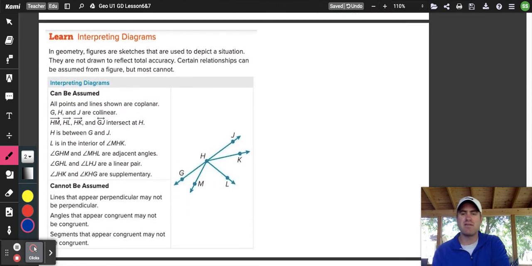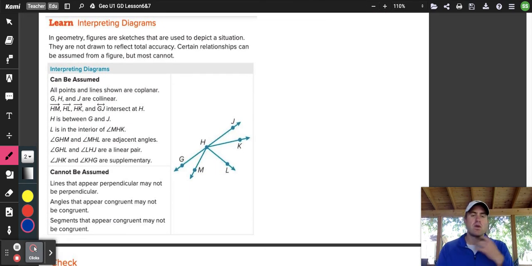All right, this is kind of an interesting thing. It's important to know that in geometry we cannot assume everything about a picture unless we're told it. You can't look at this diagram and assume anything unless it's marked. The only thing you can assume is that things intersect at H, like HJ and HG intersect, and HK and HL intersect.